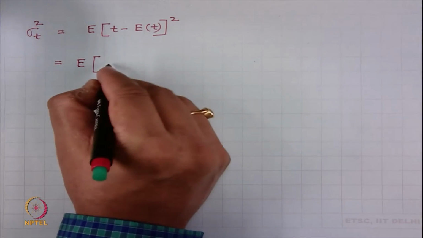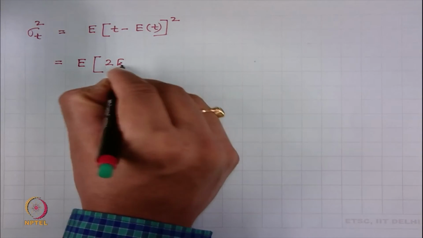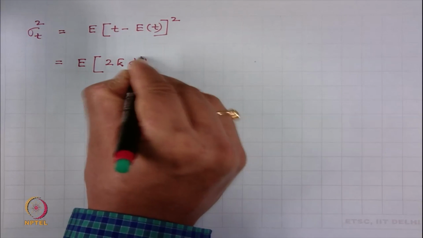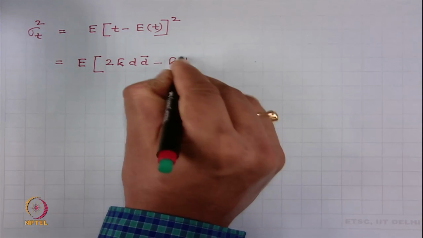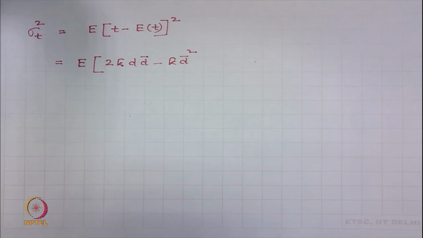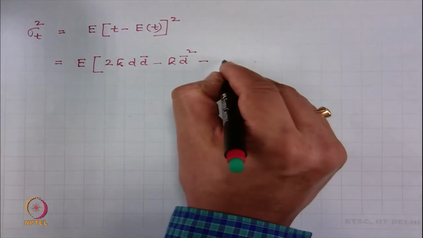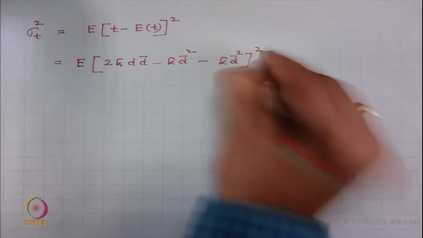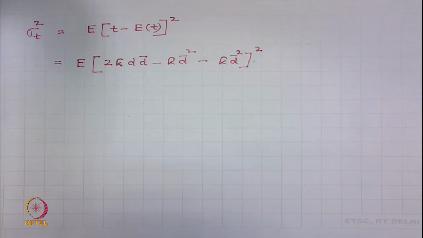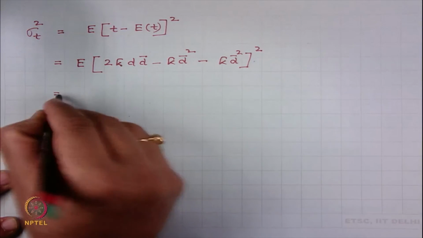T is your 2 k d d bar minus k d bar squared minus mean of t. What was mean of t? k d bar square.